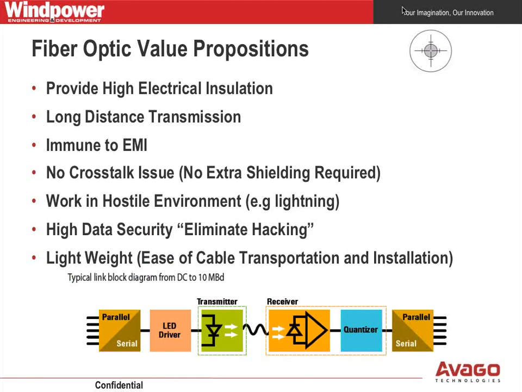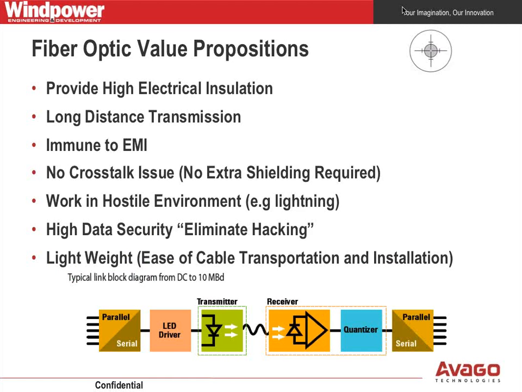We have an LED transmitter, if you look at the bottom picture, on one end, and a receiver some distance away. It can be 1 meter, 10 meters, or 50 meters. But regardless, between those two you have a cable made of plastic or glass that offers you immunity and isolation.